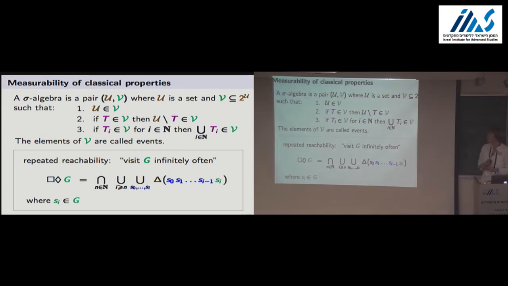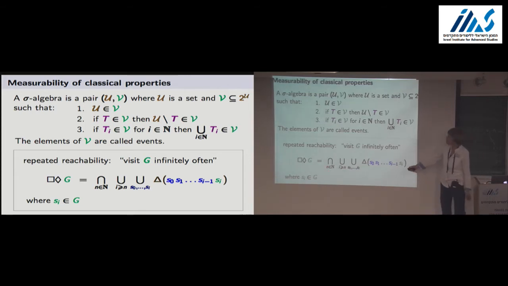So let's look now at repeated reachability, infinitely often G. So like this Büchi condition in Gravier's talk. Here we can describe it also as some Boolean combination, let's say some countable intersection of finite unions.